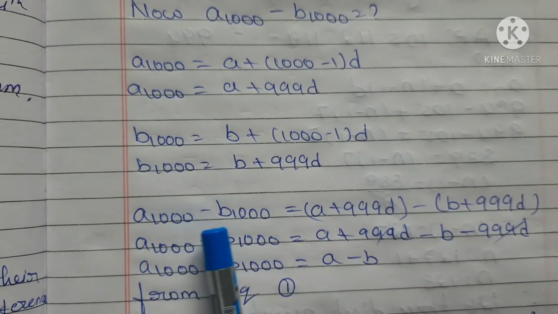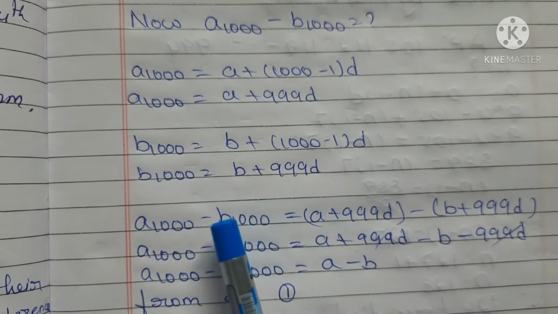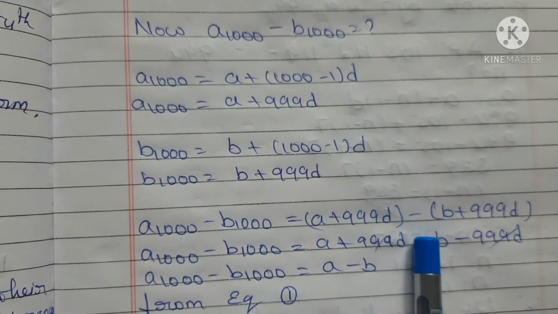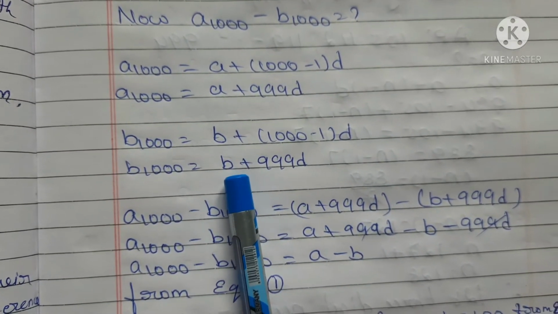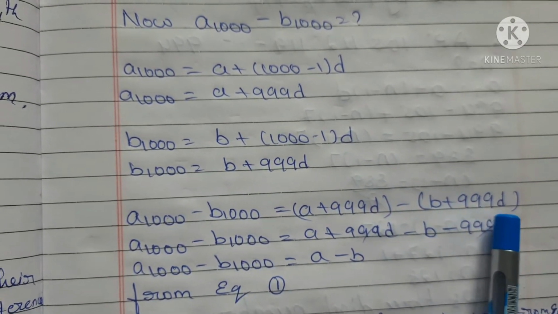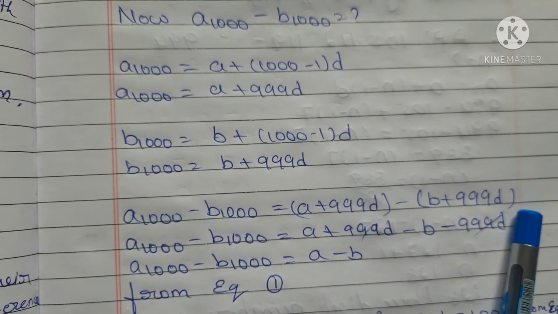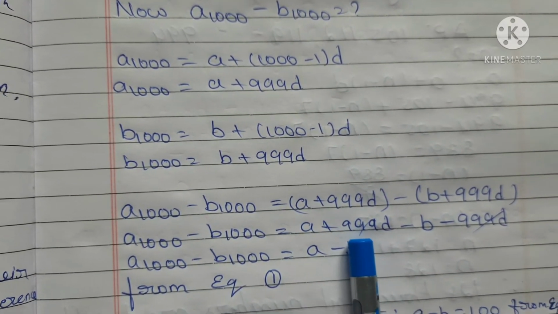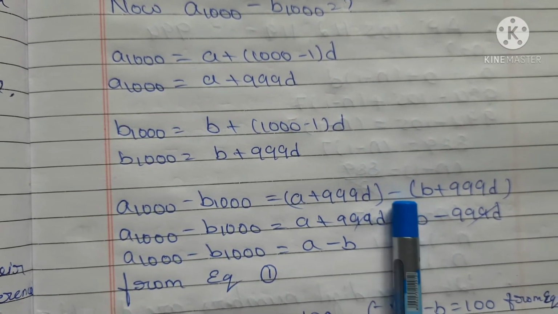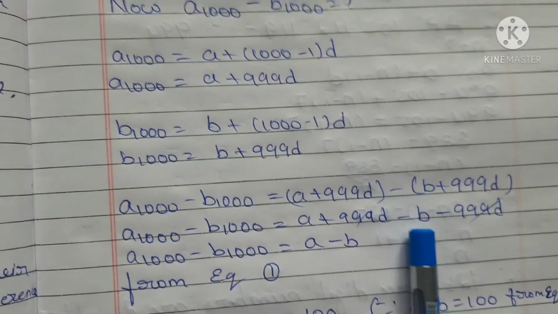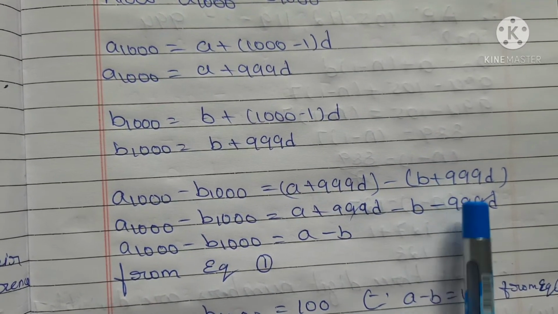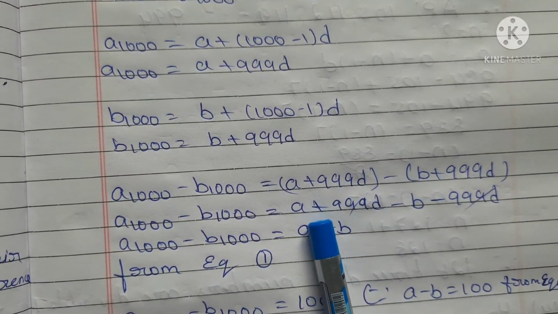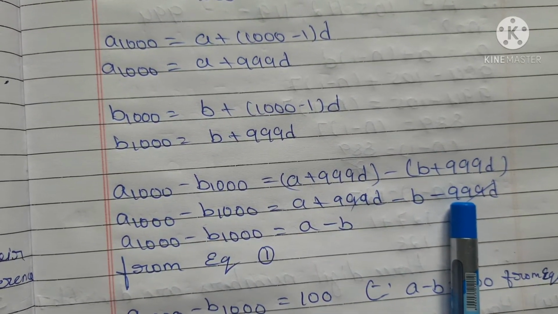Now A1000 minus B1000 is equal to A plus 999D minus B plus 999D. Here it is A plus 999D, minus B, minus 999D. Here plus 999D and minus 999D cancel.